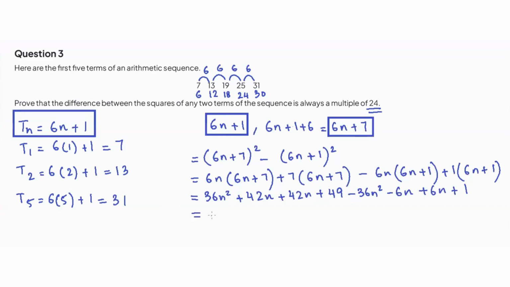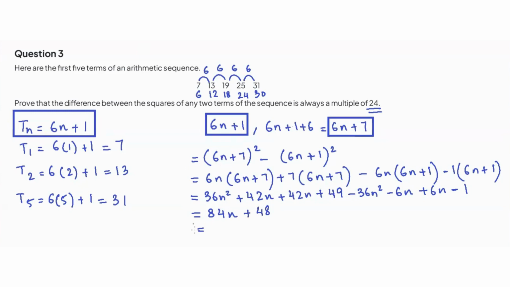Combine the like terms. 36n squared minus 36n squared is going to be 0, so that goes away. 42n plus 42n is going to be 84n. The 6n and minus 6n once again cancel out. Then 49 minus 1 is going to be 48.